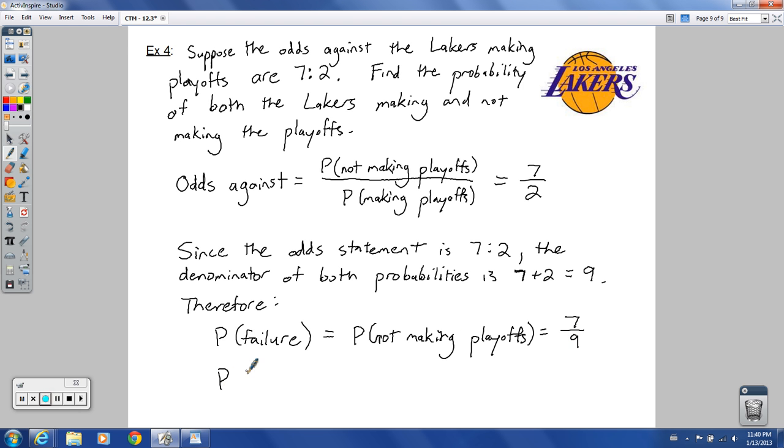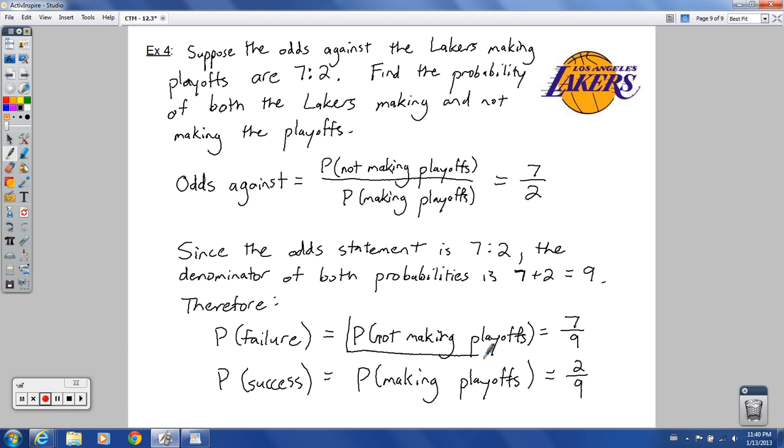So the probability of success, let's see if that works out then. Probability of success would be the probability of actually making the playoffs. And we said the denominator was 9, so 2 out of 9. And if you add those two things together, 7 ninths plus 2 ninths, you get what you would expect to get. You get 9 out of 9, which is just 1.